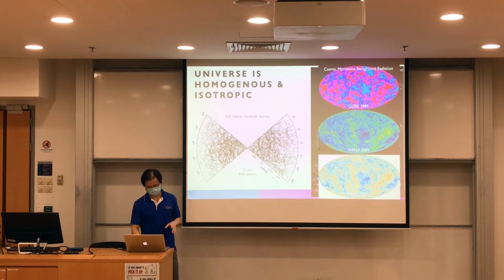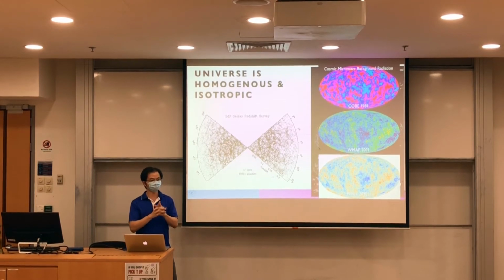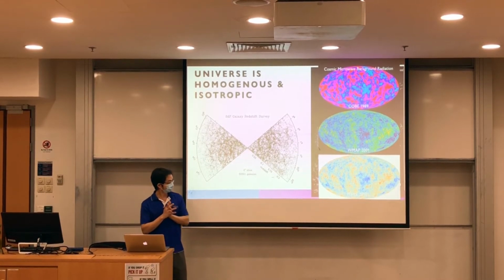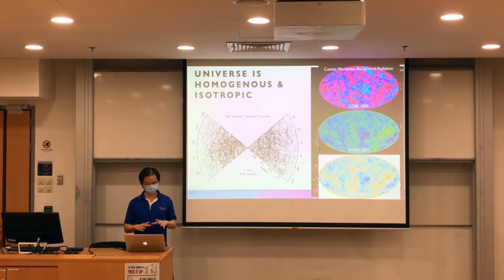And the spacecraft in 1989 measured a very blurred picture. Then the mapping done in 2001 and 2010 shows that yes, the leftover heat in the universe is really very uniform with very tiny differences in temperature only. Very tiny, much less than 1 Kelvin difference. So there's a very uniform background heat in the universe. So overall, the universe is pretty homogeneous, pretty isotropic.